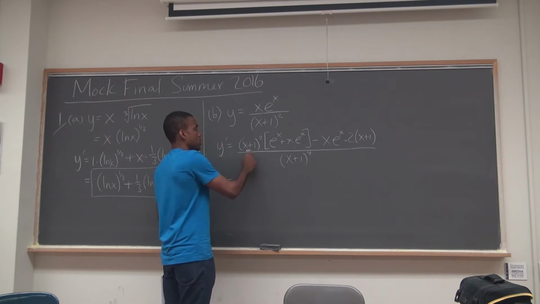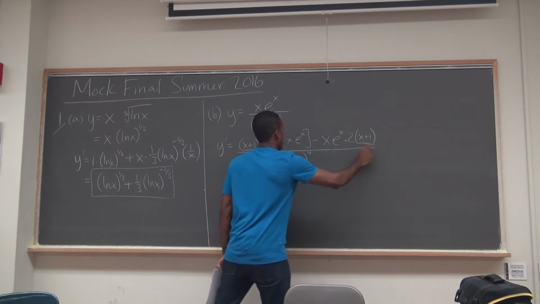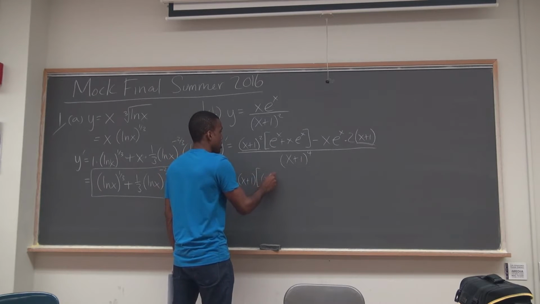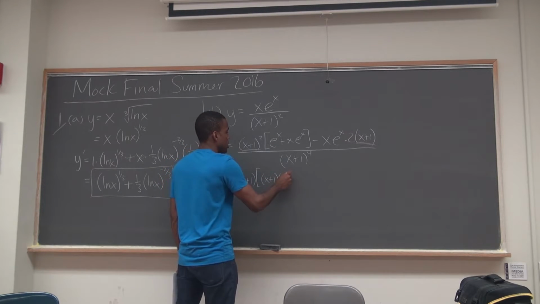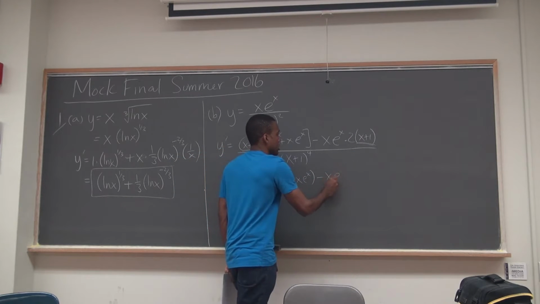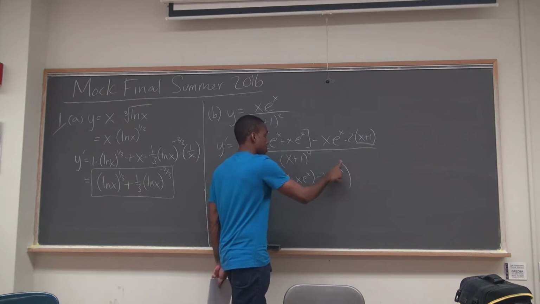At that point, x plus 1 is a common term. I can factor that out. I'd be left with x plus 1 times e to the x plus x e to the x minus 2x e to the x.